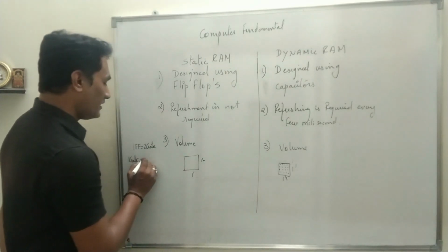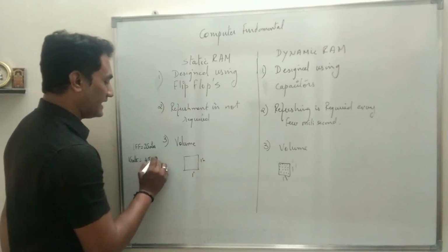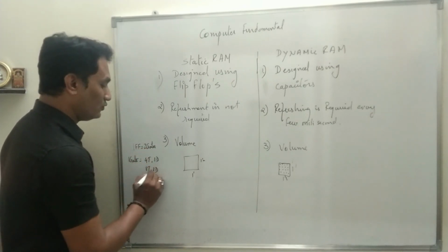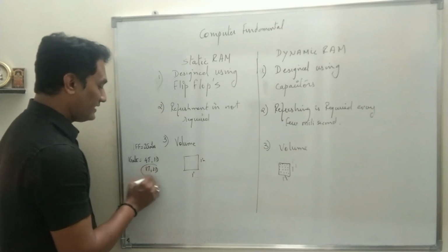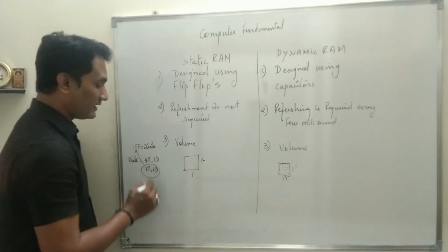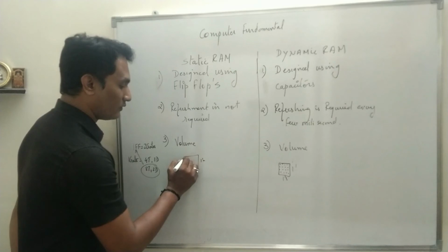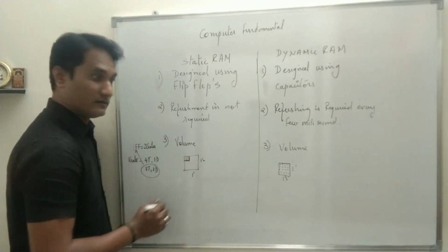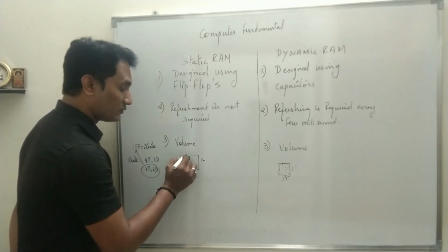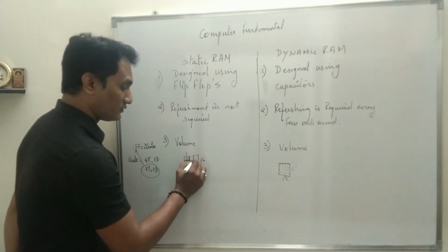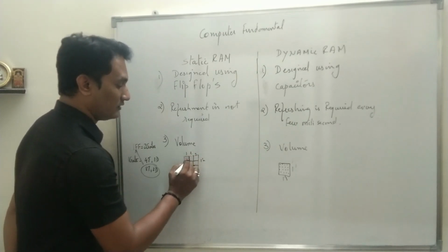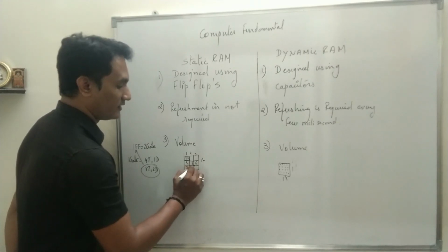We used 4 transistors and 1 diode. So 2 gates require 8 transistors and 2 diodes. So designing one flip-flop requires 8 transistors and 2 diodes. So it has occupied this much space, and this much space will give you one memory location. So how many memory locations here? 1 2 3 4 5 6 and probably 7 8 9.